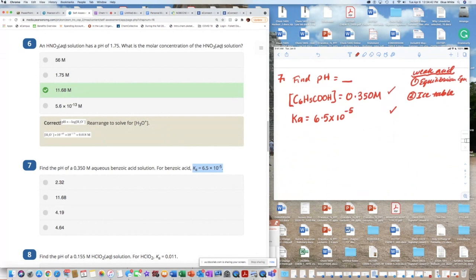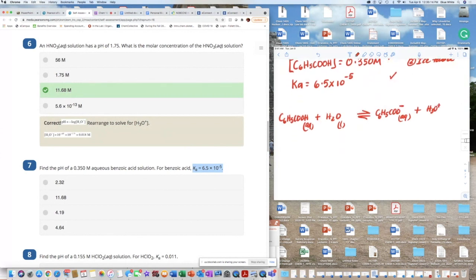Okay, so for this part, I'm going to write my acid as C6H5COOH. This would be my acid. I'm starting with this, plus water. I'm writing my equilibrium to give me C6H5COO minus (aq) plus H3O plus.